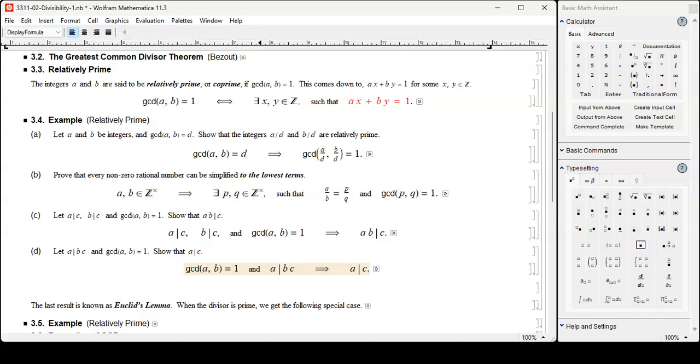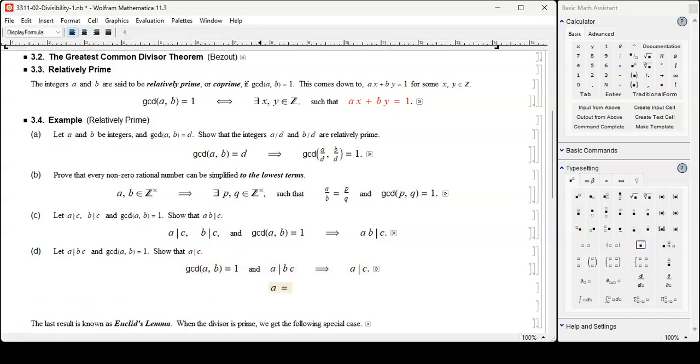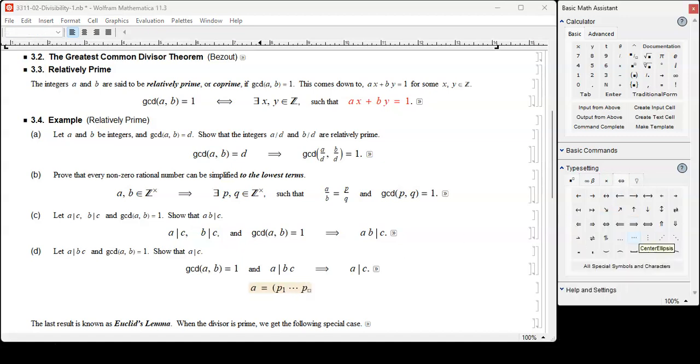If you knew the prime factorization, maybe you can work like this. A is P1 times P2 times P3 and so on as prime factorization. And B is Q1 times Q2 times Q3 and so on, like this.